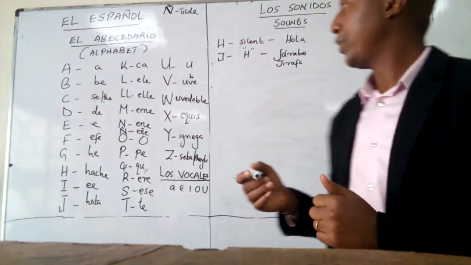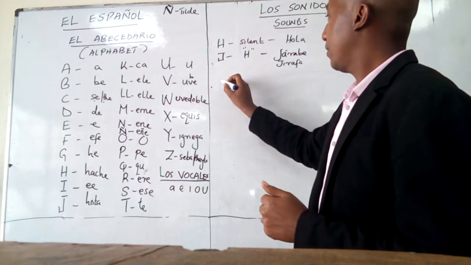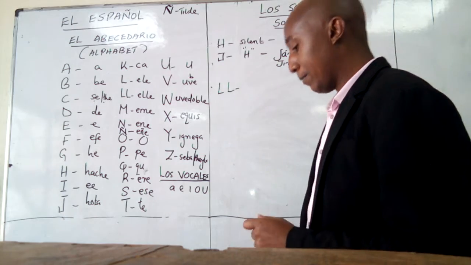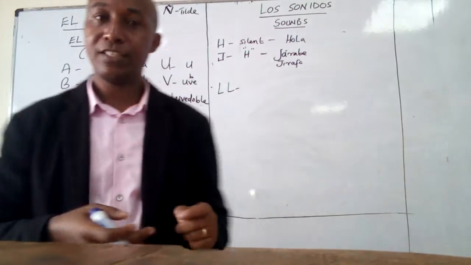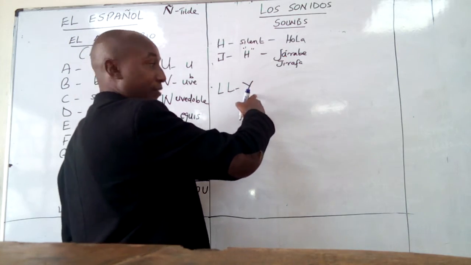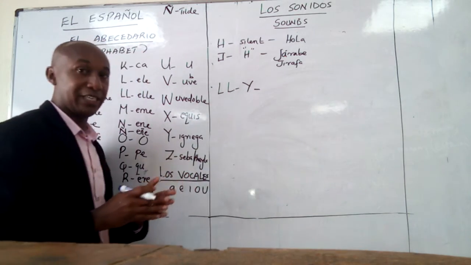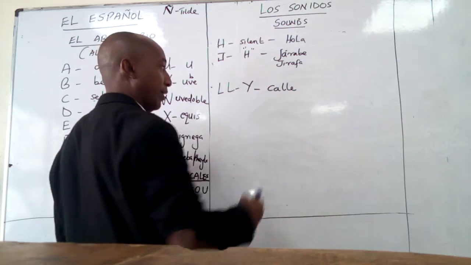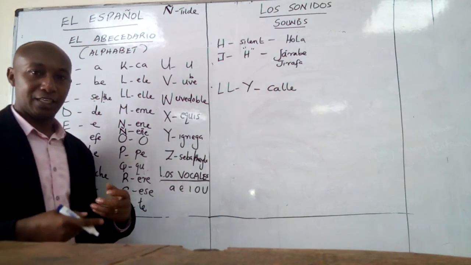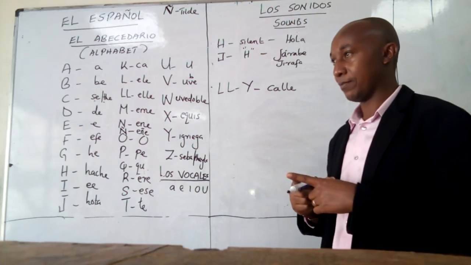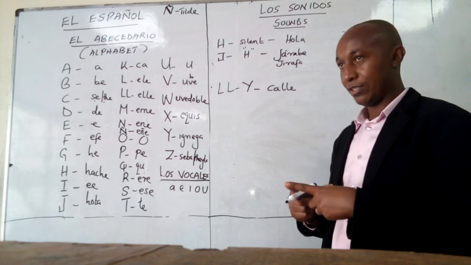Very important. Then on this side we have the next one, that is letter double L. Double L is what we call elle in the alphabet. So most of the time you find this one is a Y sound, though it can have different sounds. But let's pick just one example and use this one. So I won't say calle, but calle, or calle.